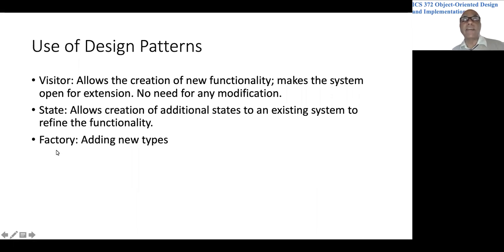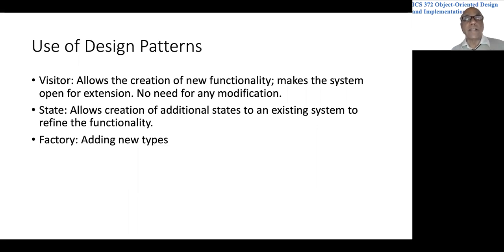Similarly, for factory, you could have a factory class that could add more and more types to create. But then, of course, you have to go and modify a little bit of the existing code. But that is the place to modify. That is, you don't touch the rest of the system. The rest of the system is still not open for modification.